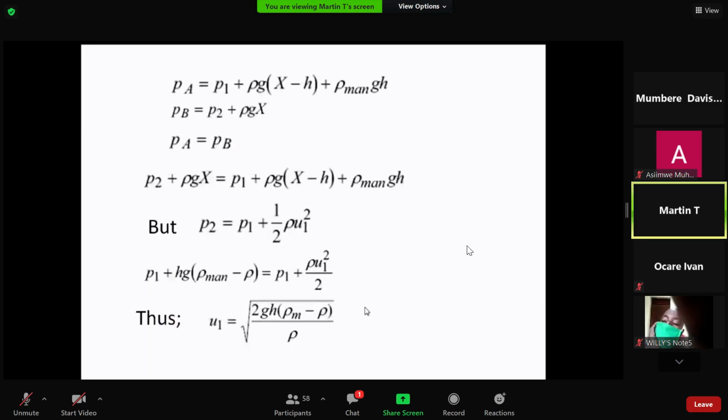But we know pressure at A and pressure at B are the same. So if you equate these two, it eventually comes to that, which you should be able to work out in your free time, collecting like terms and then looking for the value of U1.